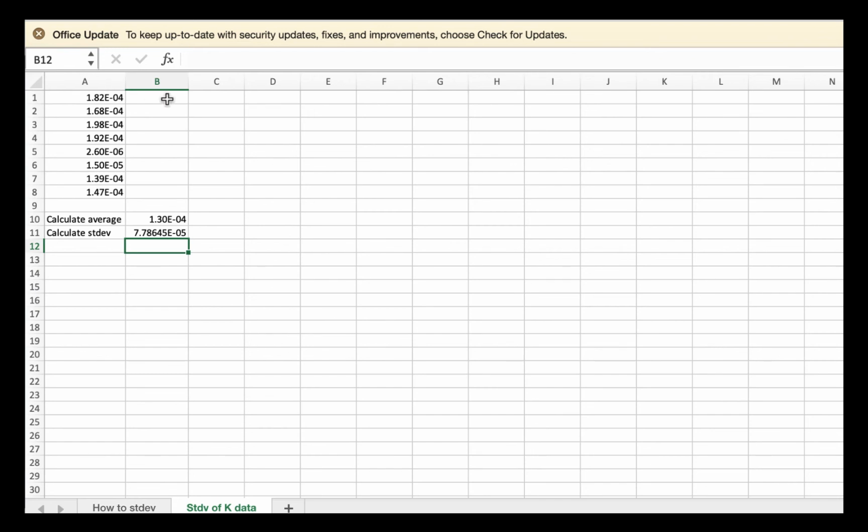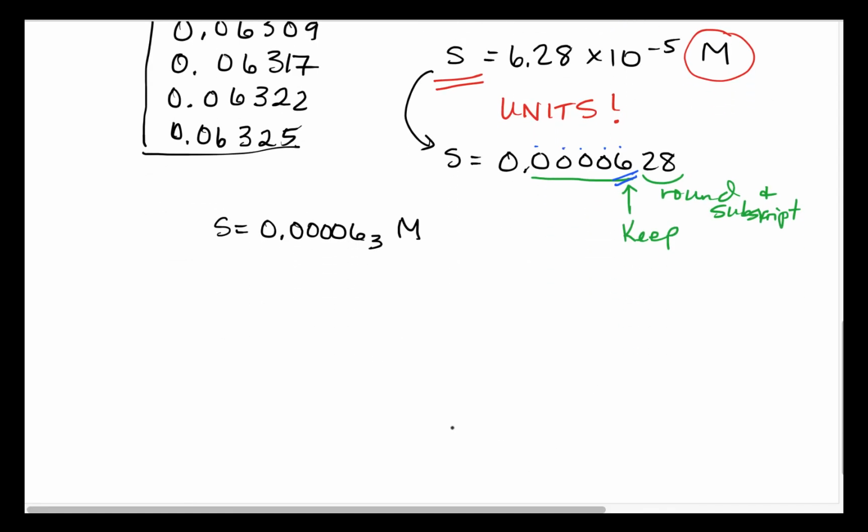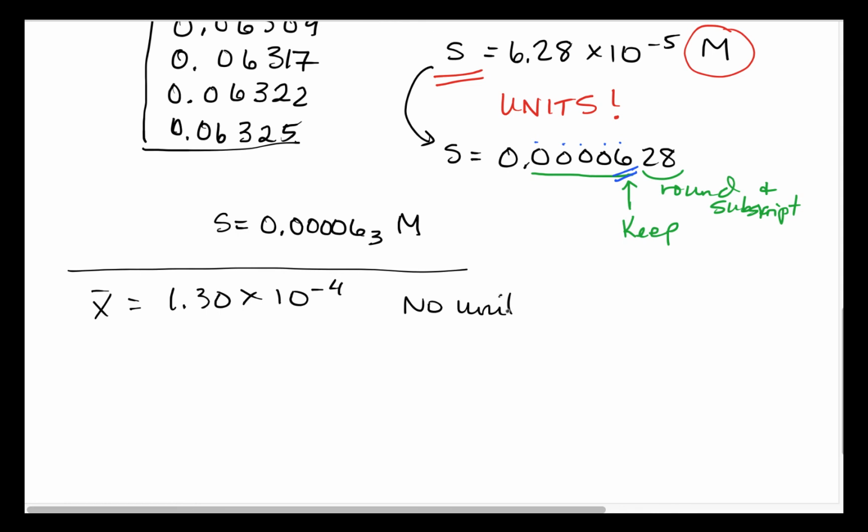Okay, now we're going to go back over to OneNote, and we're going to talk a little bit about standard deviations for the numbers that we found here, and think about significant digits and how we might want to report them. So the numbers that we just got, the average was 1.30 times 10 to the minus 4, molar units, or excuse me, there are no units on K. And then the standard deviation said 7.79 times 10 to the minus 5.